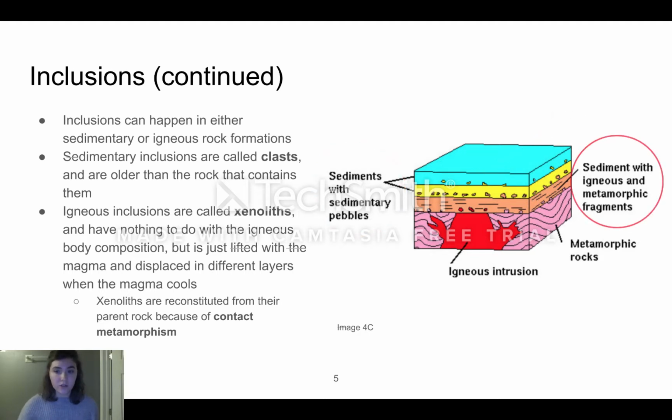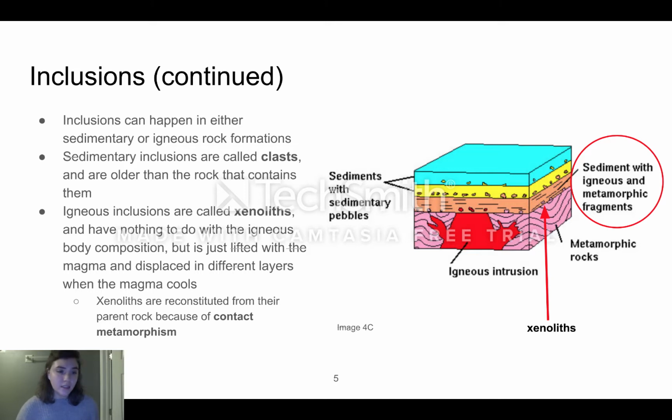In igneous inclusions, these happen when the igneous intrusion brings up some of the parent rock and then aligns it with the strata when the magma cools. So these inclusions are called xenoliths because they're igneous.